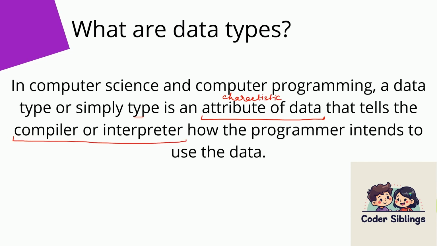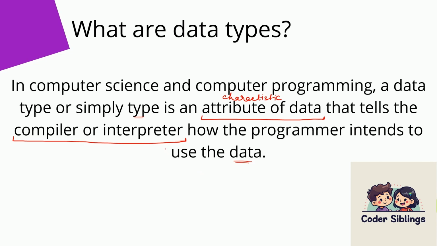Why do we need it? So that we as human beings can inform the compiler or interpreter, which will further inform the machine or our computer as to what type of data it is. So that tells the compiler or interpreter how the programmer intends to use the data, whether it is a number, or a decimal point number, say float, or a character and so on.